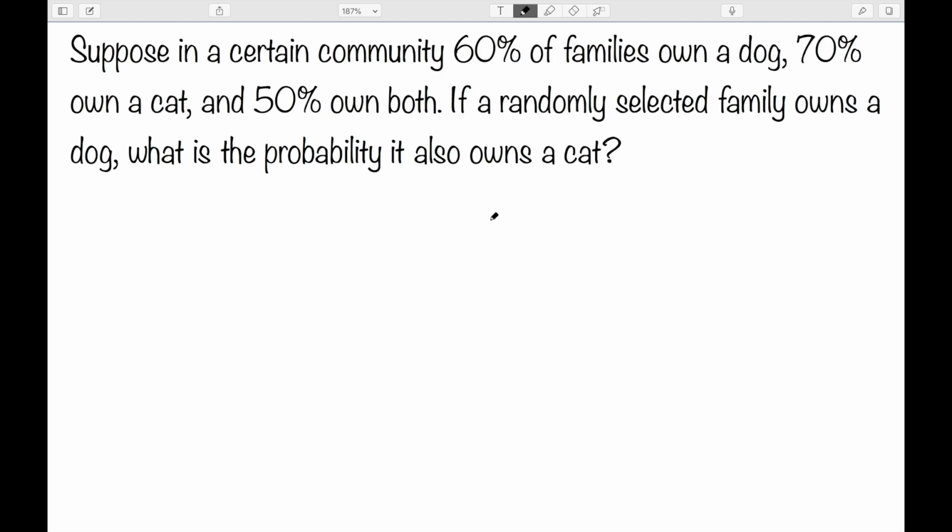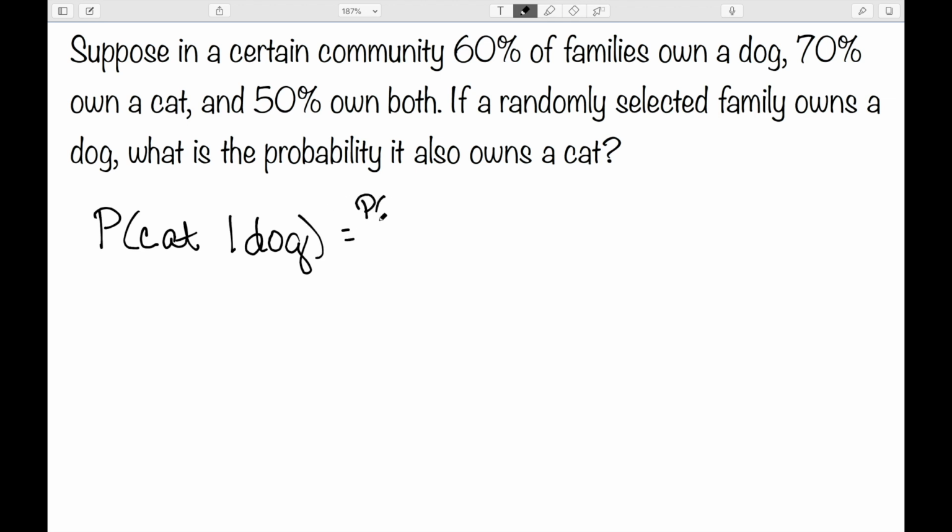Let's suppose in a certain community, 60% of families own a dog, 70% own a cat, and 50% own both. If a randomly selected family owns a dog, what is the probability it also owns a cat? So we want the probability that they own a cat, given that we already know they own a dog.